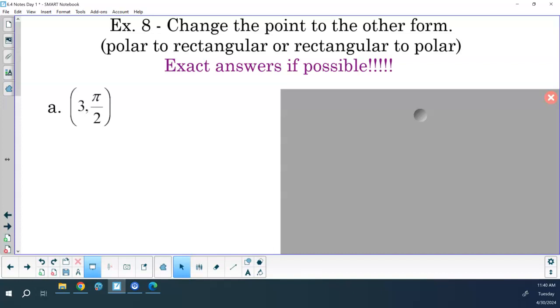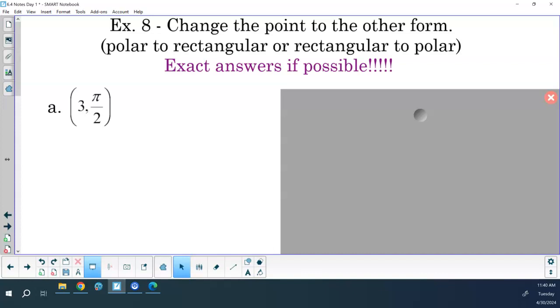Second, if you see pi, it's polar. If you don't see either one of those, then it's rectangular. Or it will say, change this polar point to rectangular, change this rectangular point into polar, etc.